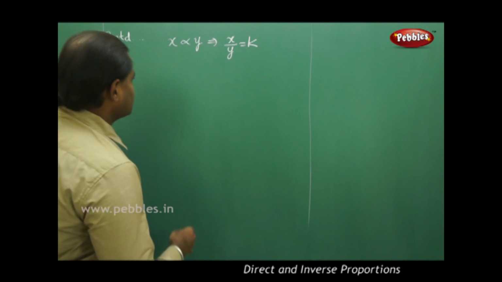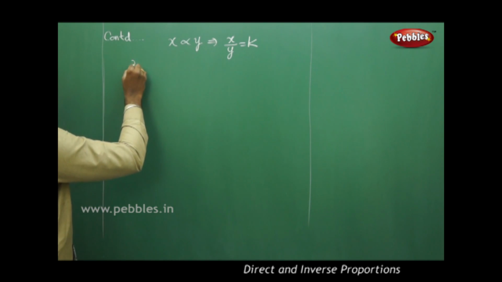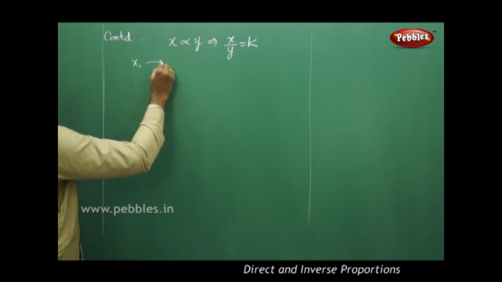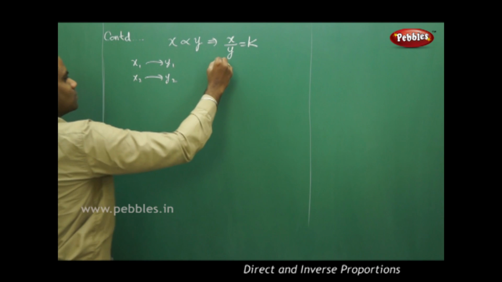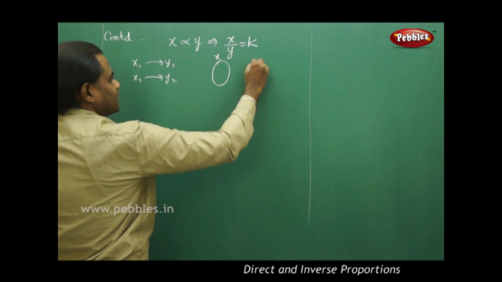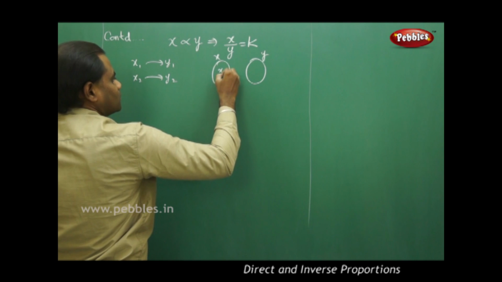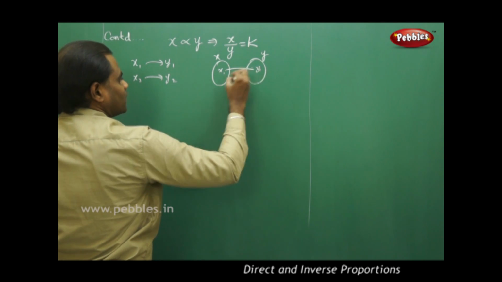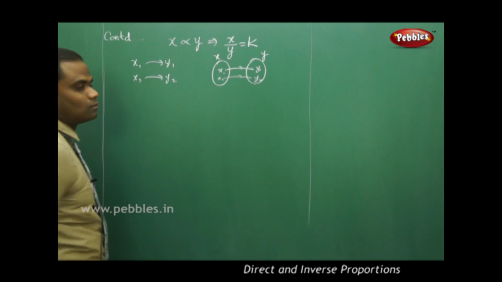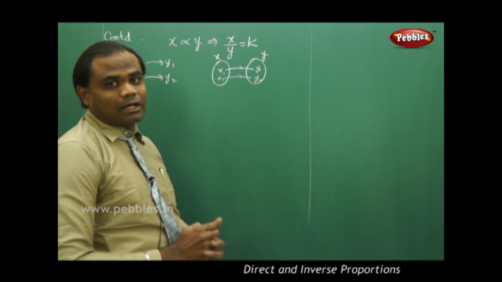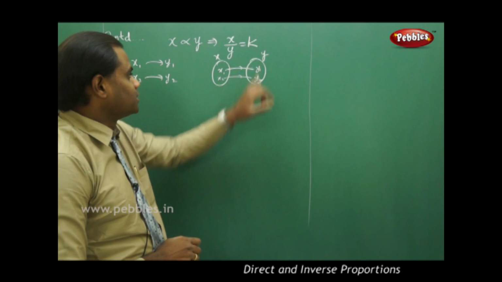So taking this into consideration, let's see if x1 relates to quantity y1 and x2 relates to quantity y2 in case of the quantities x and y. So if this relates to y1 and this relates to quantity y2, then in this case I have the two quantities in same ratio.